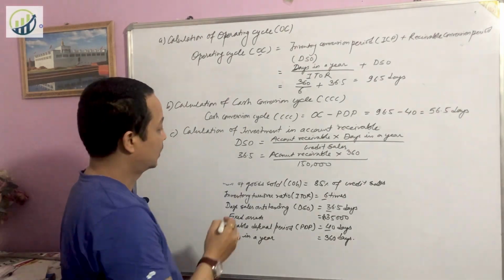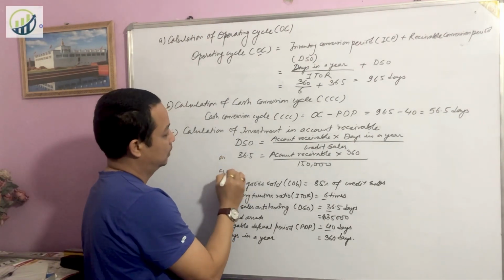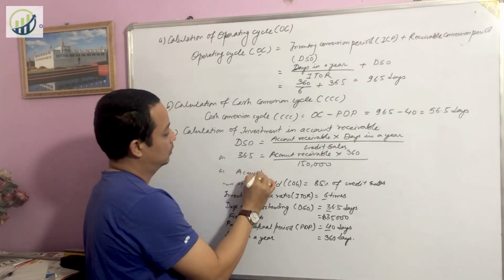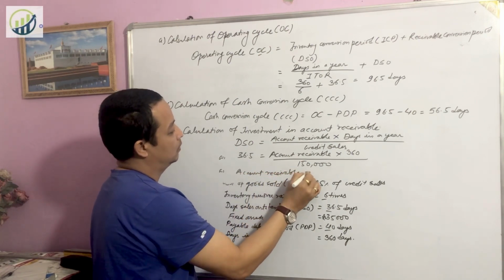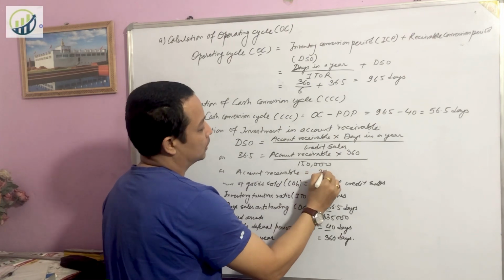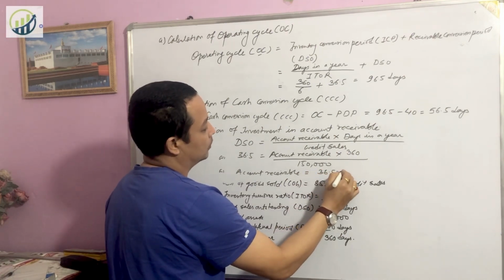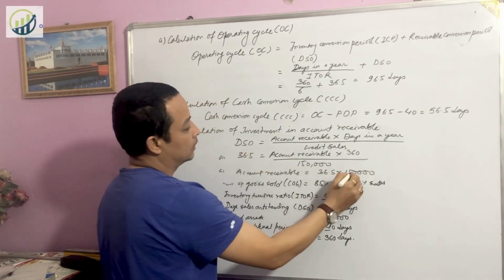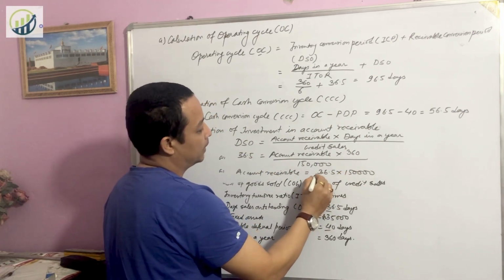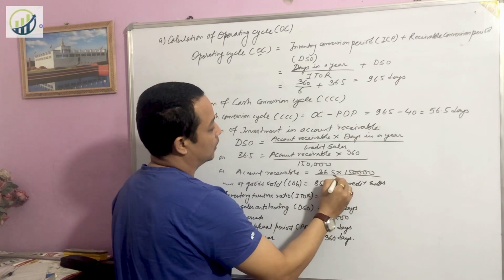Now account receivable equals 36.5 into 1,50,000, multiplied here and divided by 360.